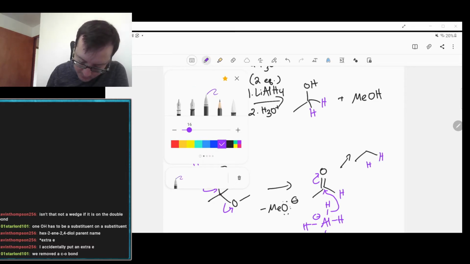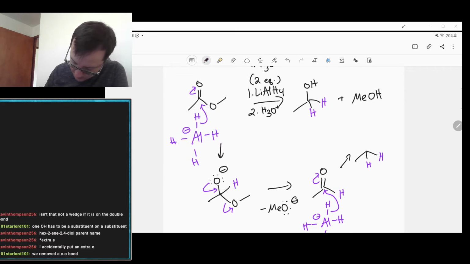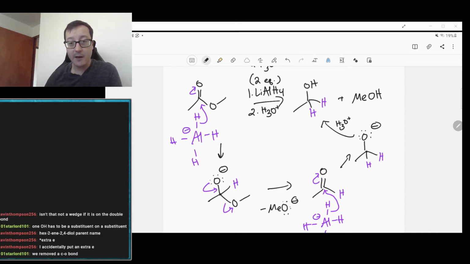So now we've added two hydrides to our molecule, and then we just have our acid to protonate at the end. We'll protonate our methoxide as well. So we use two equivalents there because the first one will open it up and then kick out the methoxide, or whatever your ester happens to be, and then you're going to have it happen again. So it happens twice onto an ester.